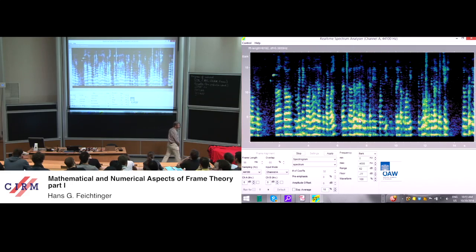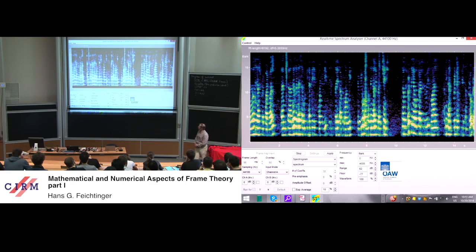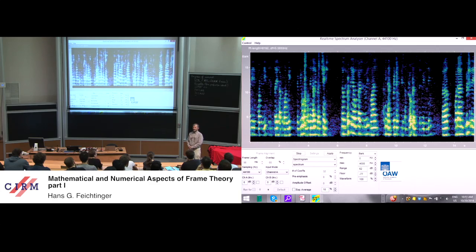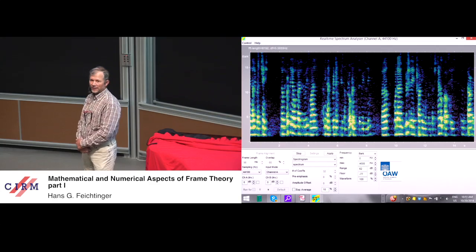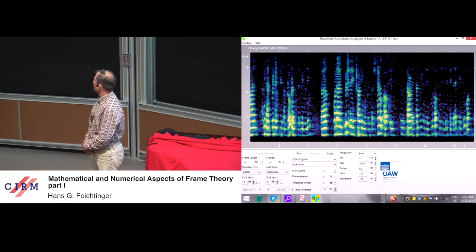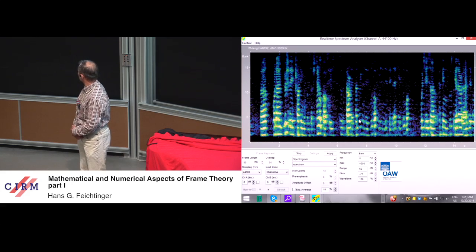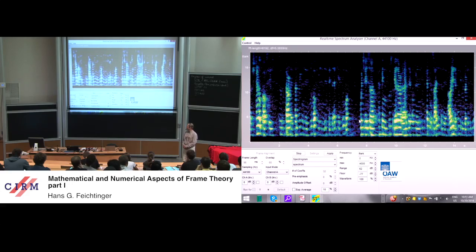So the first thing I will try to do is, I have written up here some programs that we're using. What I'm usually starting with such general talks is to start a time frequency toolbox, which is in this case the STX toolbox, which has been put together at the Austrian Academy of Sciences at the ARI, the Acoustic Research Institute.